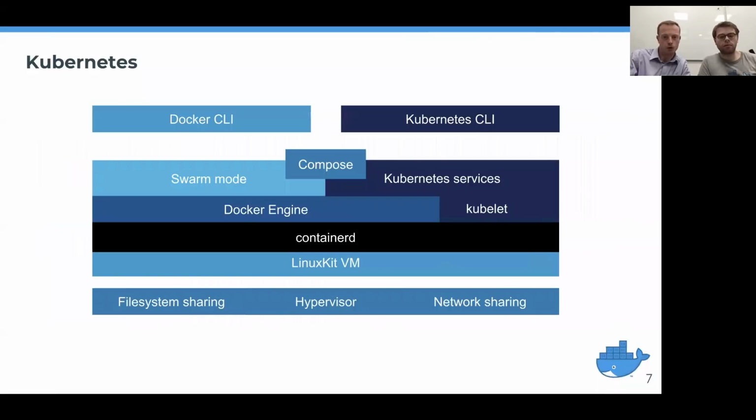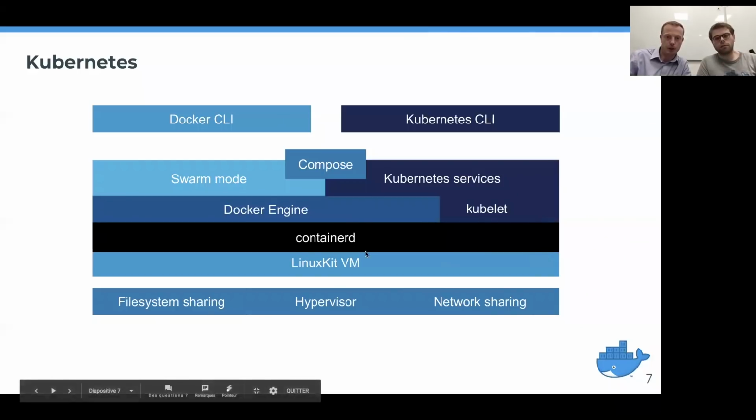And to come back to our architecture diagram, we've got a couple more boxes with Kubernetes. So we still have the same base with the hypervisor running on the host, with still VPN kit for the networking parts, and OSXFS or Samba for the file sharing parts. The same Linux Kit VM with containerd. And then on top of containerd, we've got a few more things than previously.